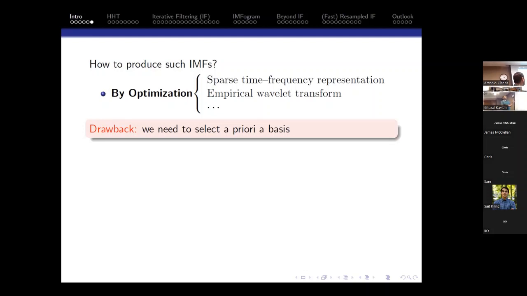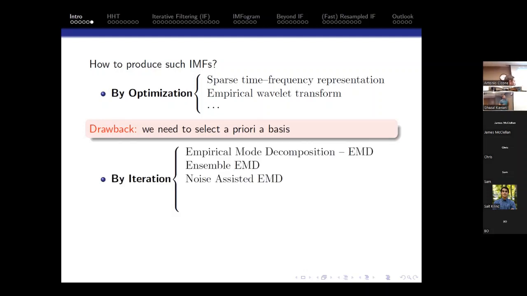And then there is the other group, which is techniques based on iteration. And among them, there is the pioneering empirical mode decomposition, which is the method proposed originally by Huang and collaborators. And after that, other techniques, which are variations on empirical mode decomposition, have been proposed, because that technique dates back to 1998.